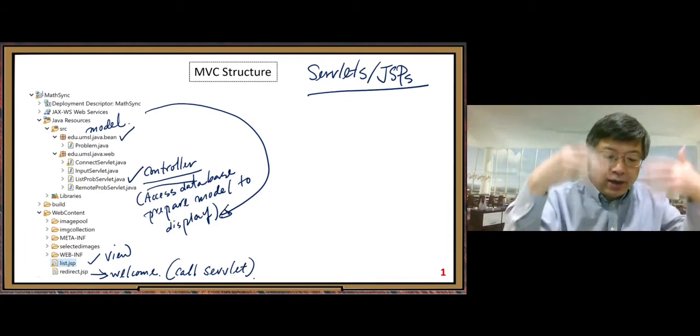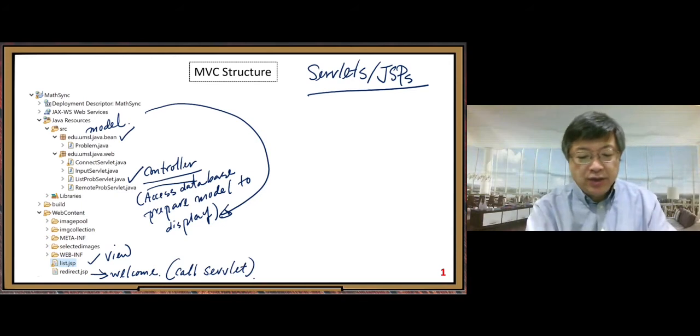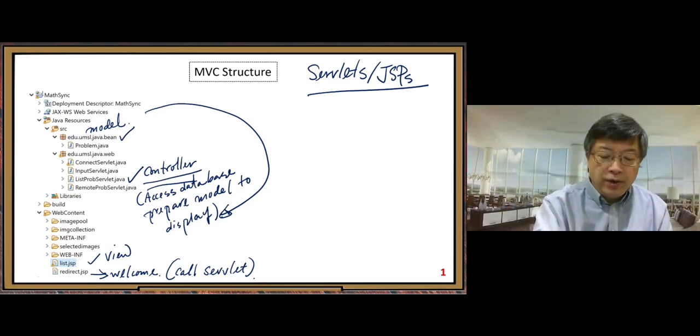Then a list of Java beans is stored in request scope.